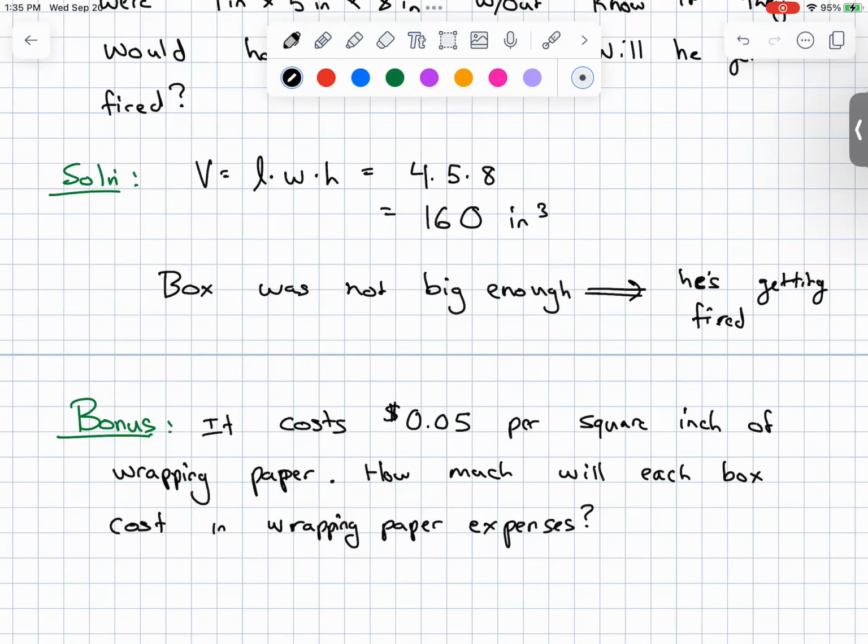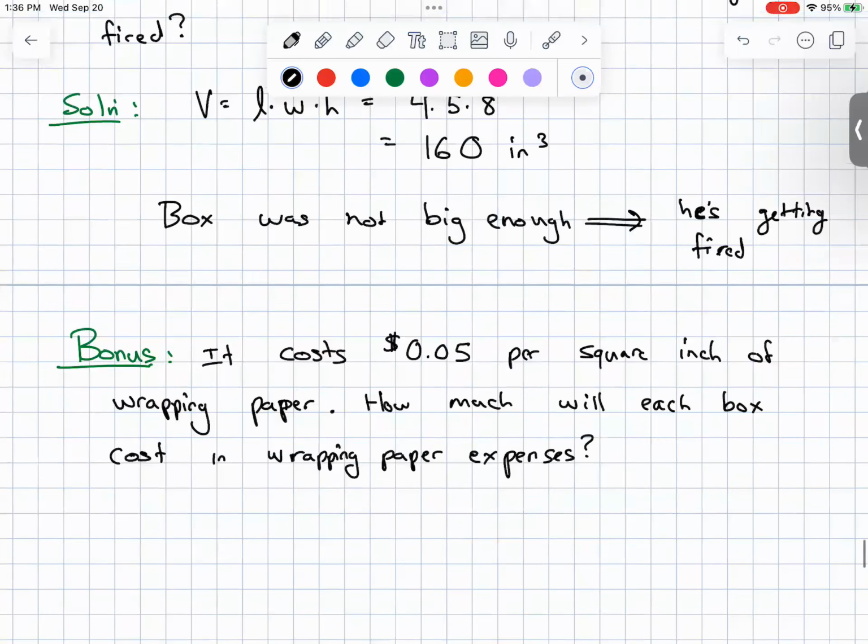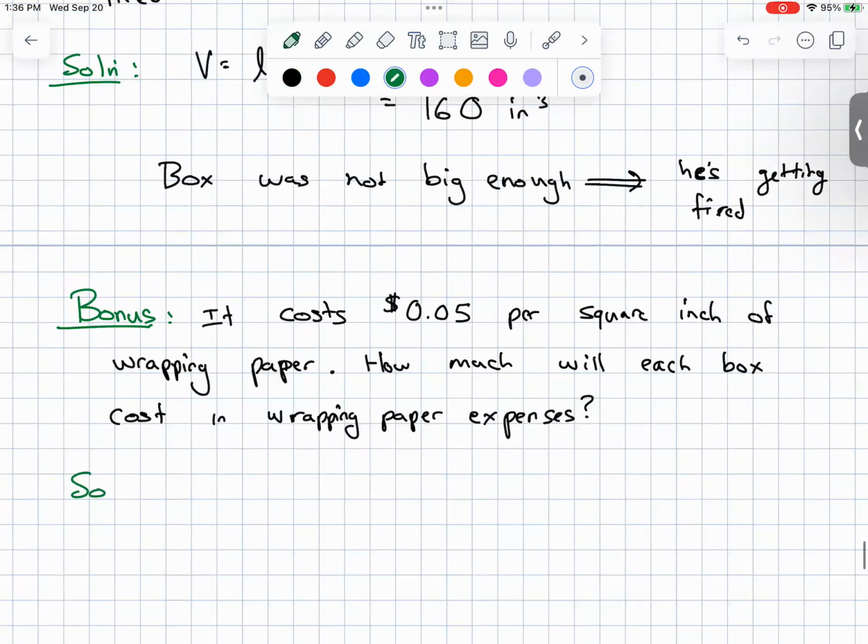Square inch is kind of a good giveaway that this is dealing with area, right? Because area is two-dimensional. If it's talking about cubic inches, then we'd be talking about volume. But we're talking about the things that are going to be wrapping all the sides, so we need to first find out what the surface area is, because it's telling us the price per square inch of wrapping paper.